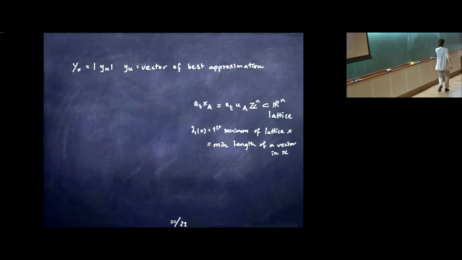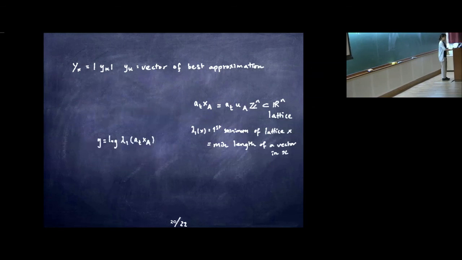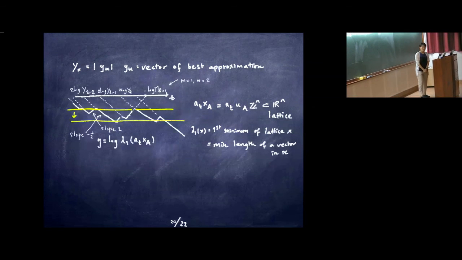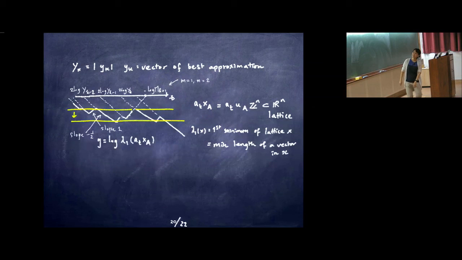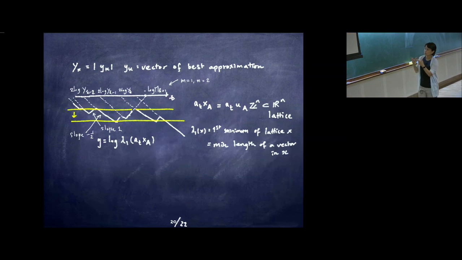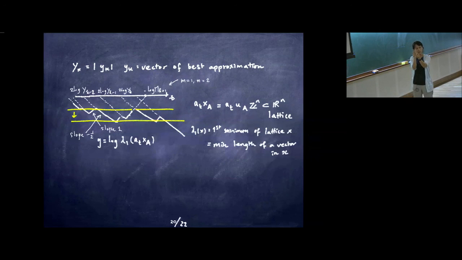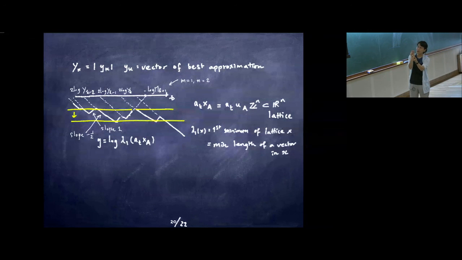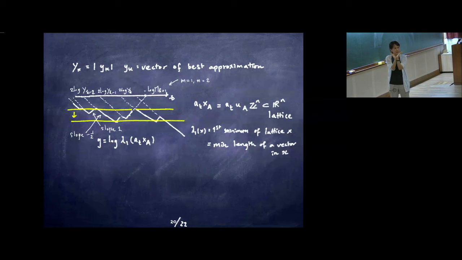Now let's draw a two-dimensional picture. The x-axis is t, and the y-axis is the log of the first minimum of atxa. We have this lattice atx, and for a given lattice we look at the smallest vector. We call this smallest vector xk, yk for some period.